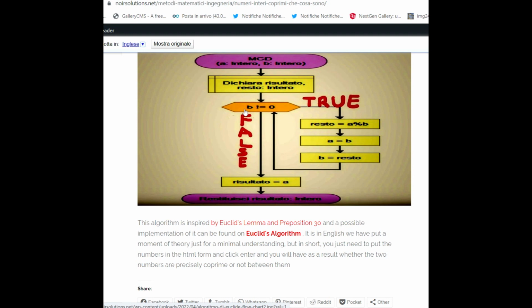If number b is different from 0, you go on the true branch, and your remainder is a divided by b, then a takes the value of b, b takes the remainder, and you go back to the cycle. For false, you obtain the result.